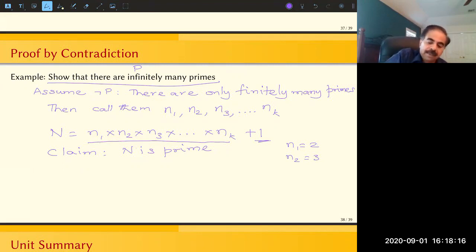So the capital number, capital N, would be 2 times 3 plus 1, which is 7, right?